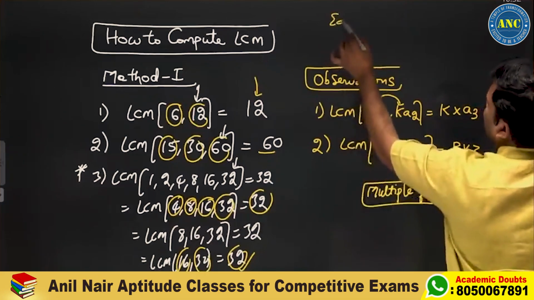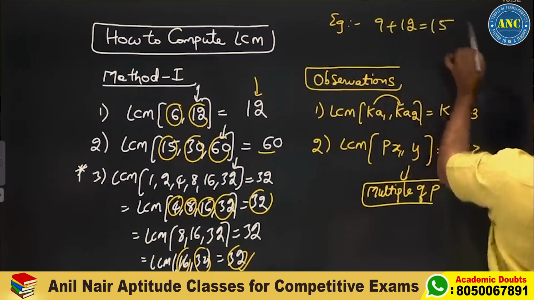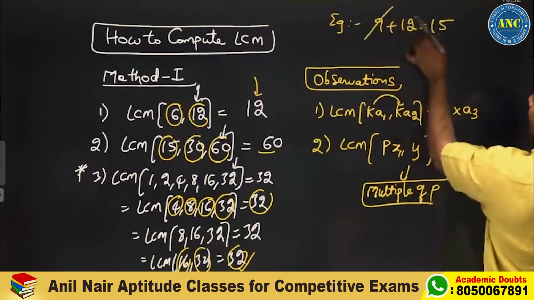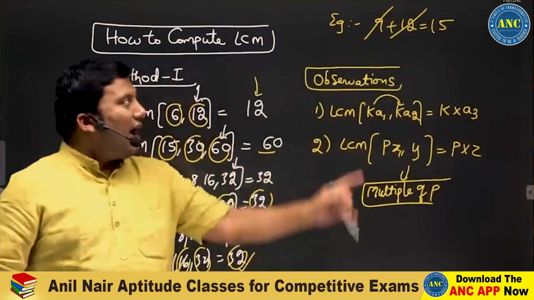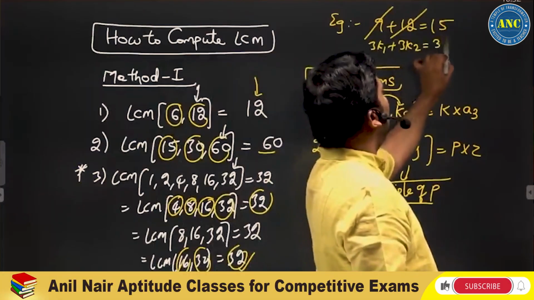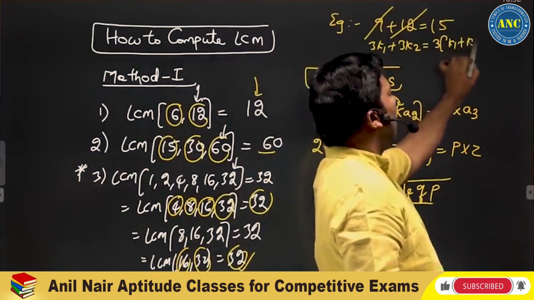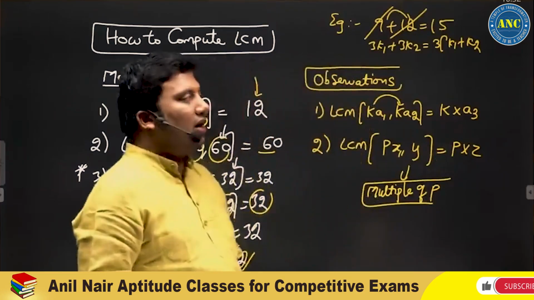It is like these examples. 9 plus 12 equals 15... no, 9 plus 12 equals 21, and this is a multiple of 3. Both are multiples of 3, so the answer is a multiple of 3. Why? Because 3k1 plus 3k2 is 3 times (k1 plus k2). If both inputs are multiples of 3, the output will also be a multiple of 3.